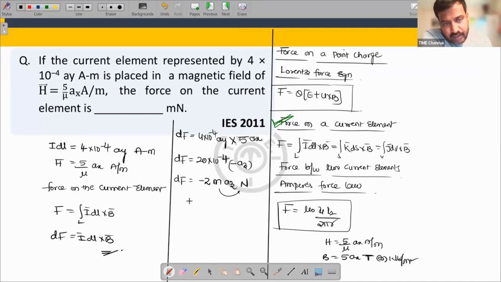The unit is in millinewton. So it is minus 2 aZ millinewton. So your answer would be minus 2 aZ. Yeah. Is that clear? Everyone, is that clear?